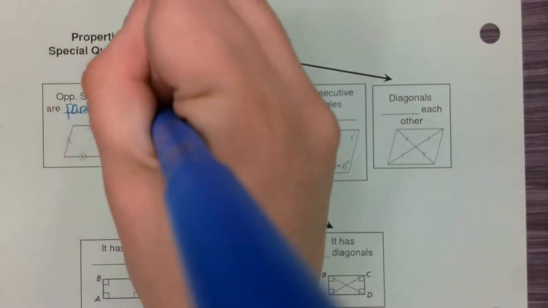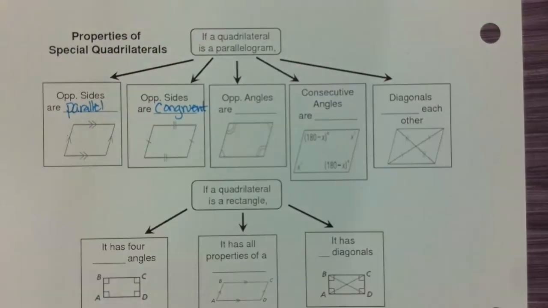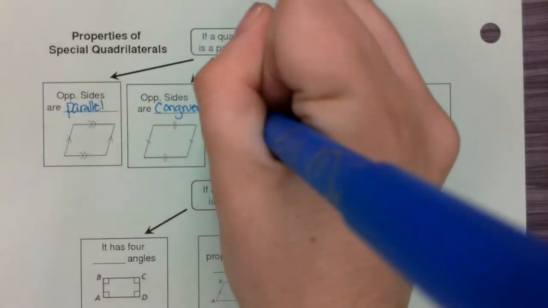They're also congruent. Opposite angles are also congruent.